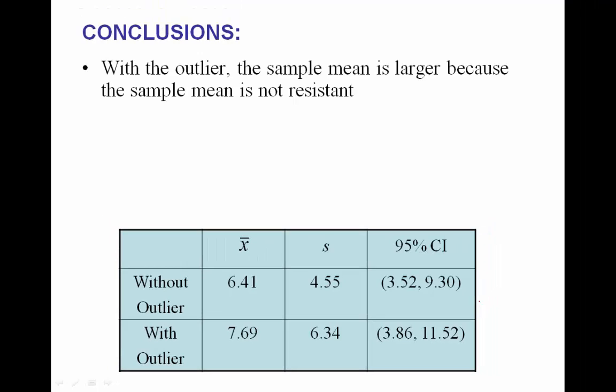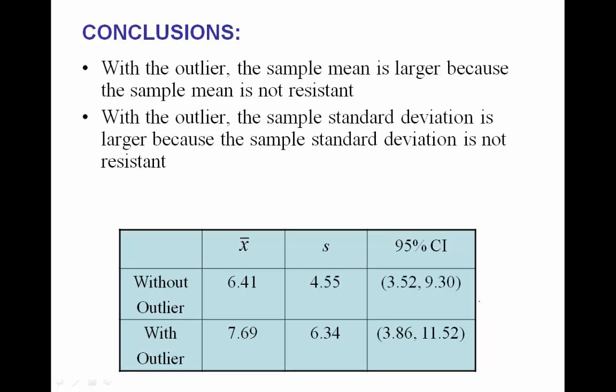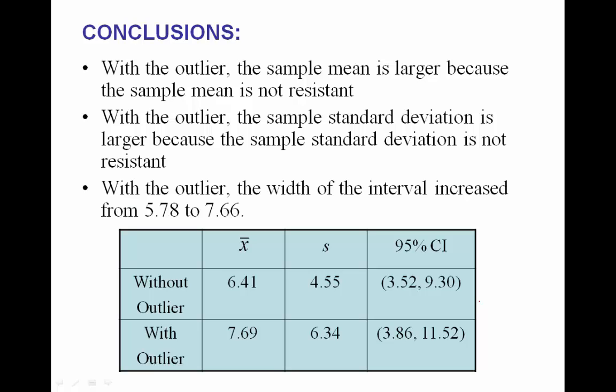So with the outlier, the sample mean is larger because the sample mean is not resistant. We learned that in an earlier lesson. With the outlier, the sample standard deviation is larger because the sample standard deviation is not resistant, and we've learned that before. And with the outlier, the width of the interval increased from 5.78 to 7.66.